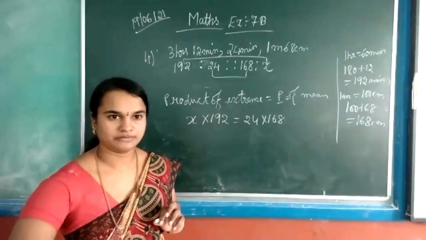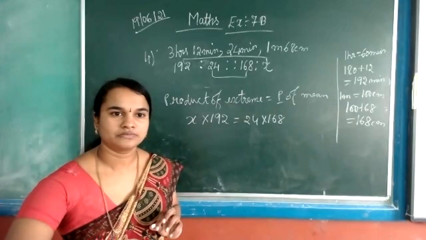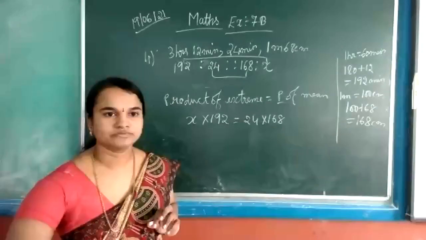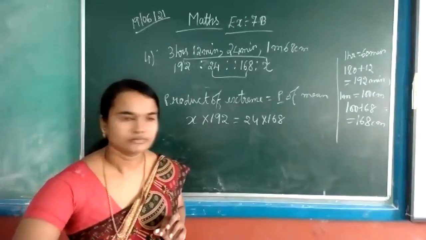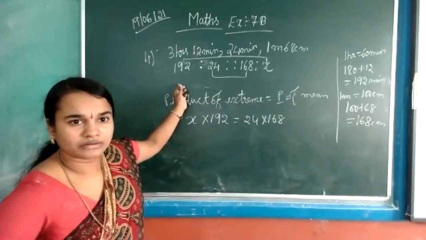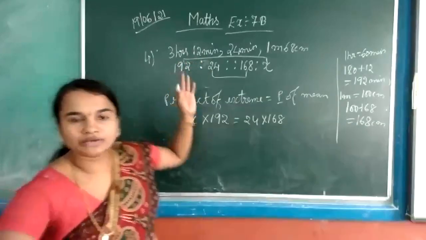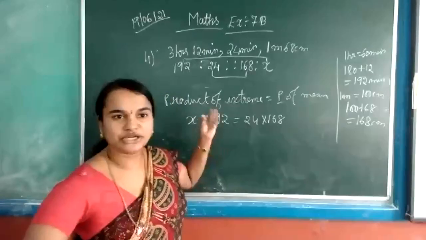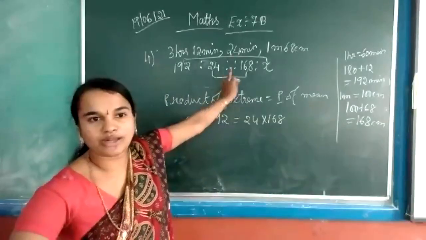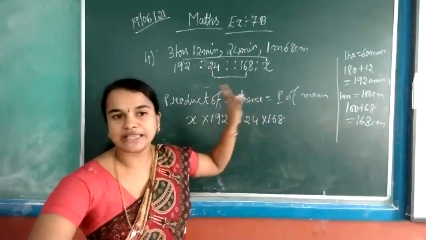Yes, Srishti, what's the doubt? Miss, can you explain the sixth question again? Yes, ma'am. 3 hours 12 minutes. 1 hour equals 60 minutes, 60 into 3, 180 plus 12, 192 minutes. I told you it should always be in the same unit.